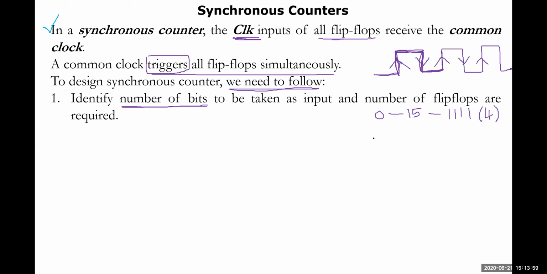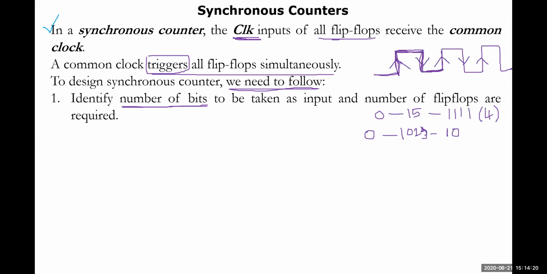For example, let me consider implementing a counter from 0 to 1023, up to this particular value. How could you write 1023 here? 1023 will be written by taking 10 bits into consideration.